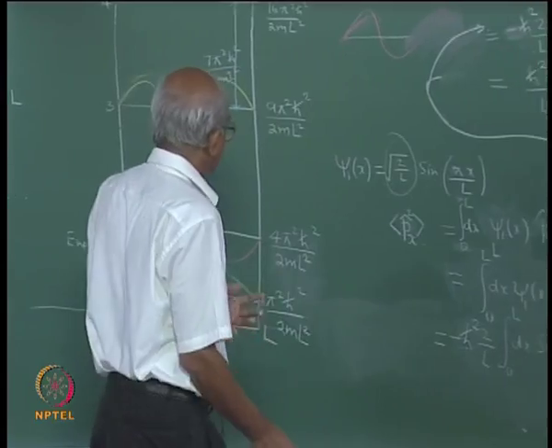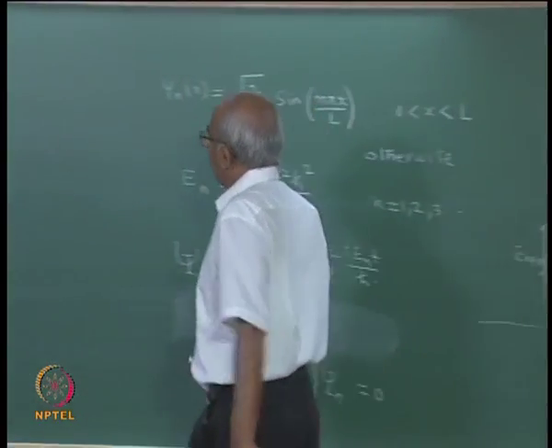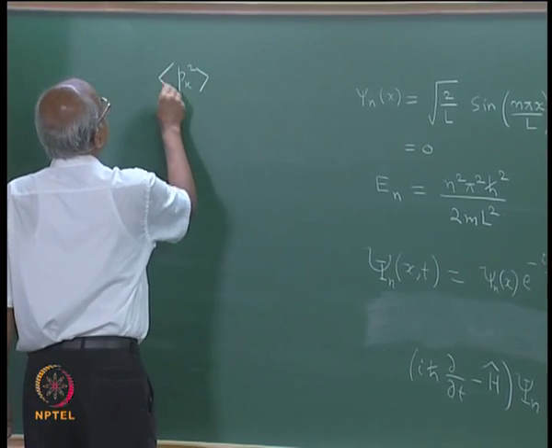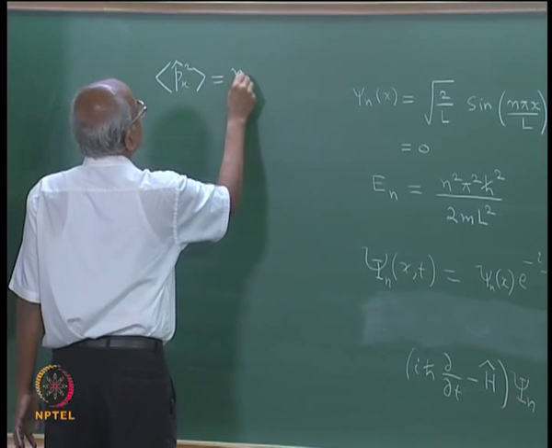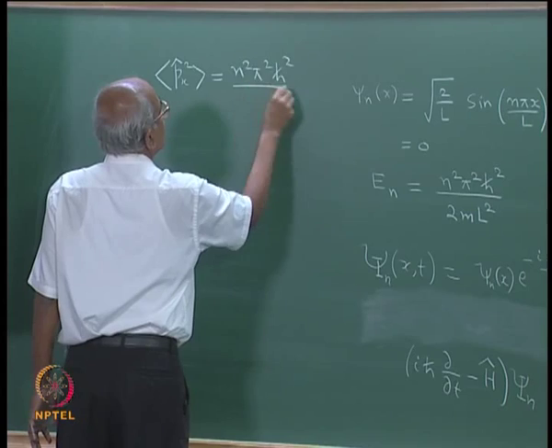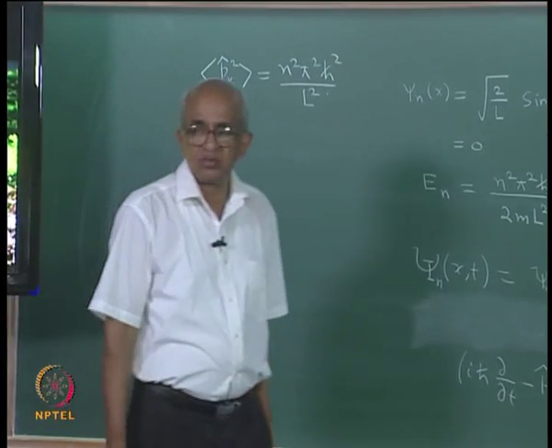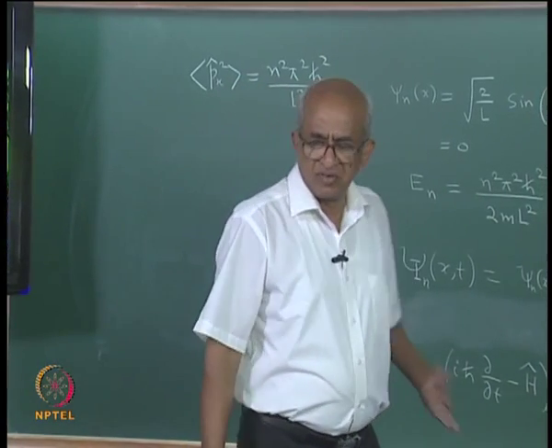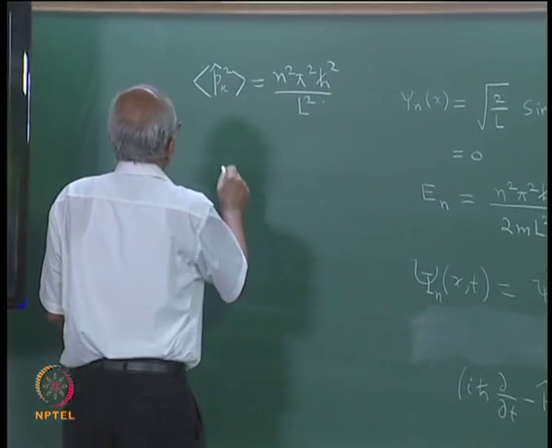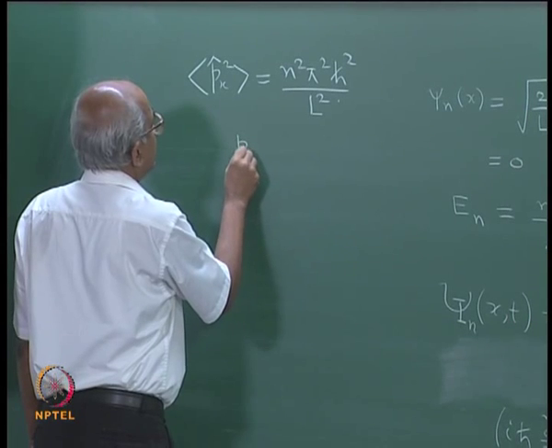So, for a general state, what would be the value of px square average? It would be simply n square pi square h cross square by L square. Now, it is straightforward to calculate the average value of kinetic energy.